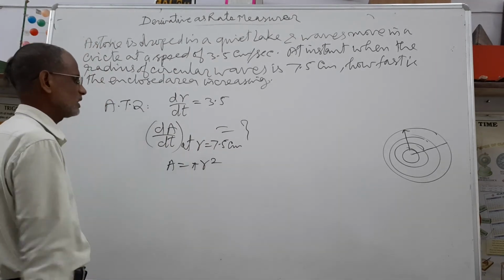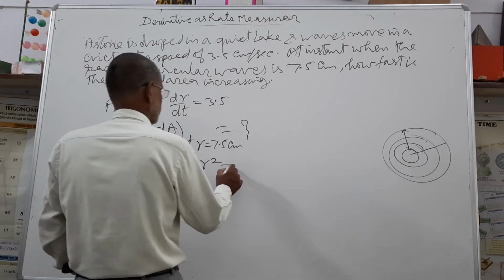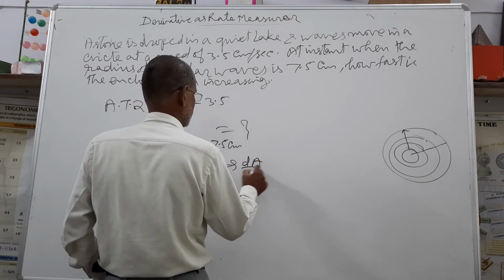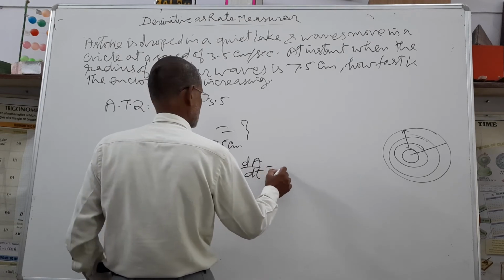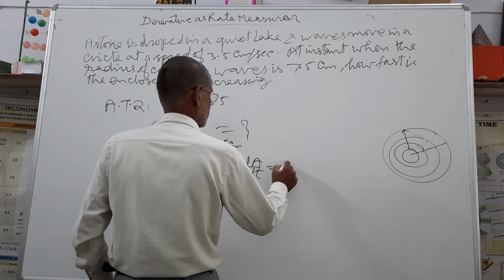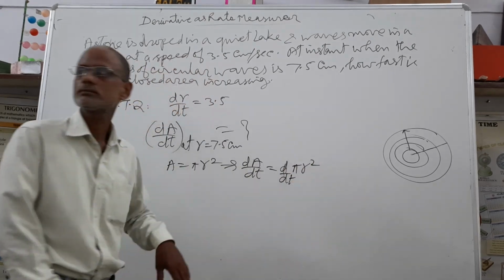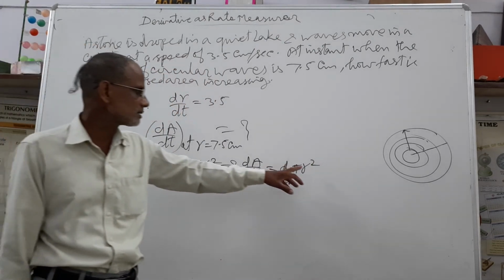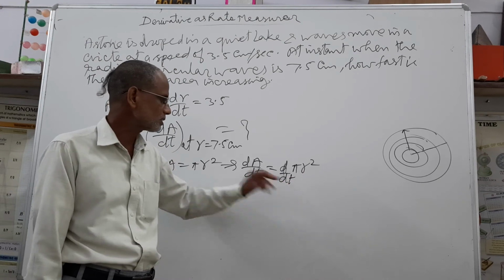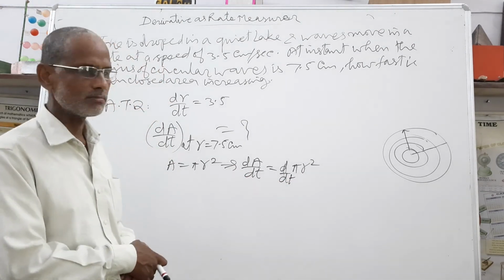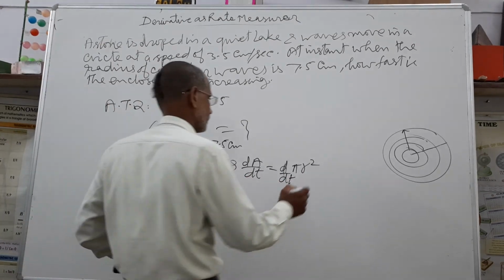Differentiate both sides with respect to t. This implies dA dt is equal to d dt of pi r square. Here variable is r, but here it is t. We cannot differentiate without using chain rule.